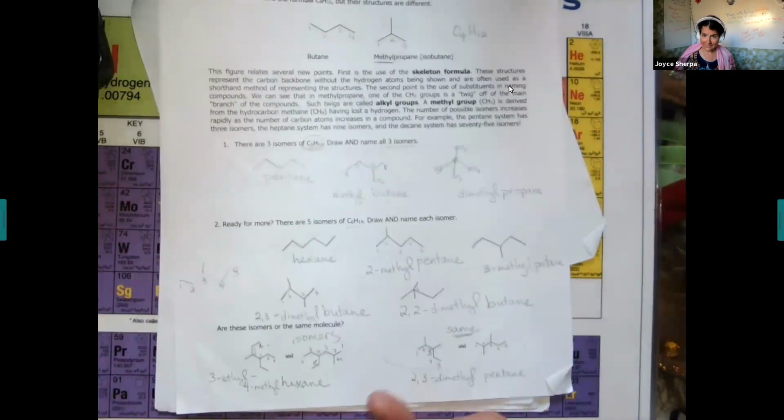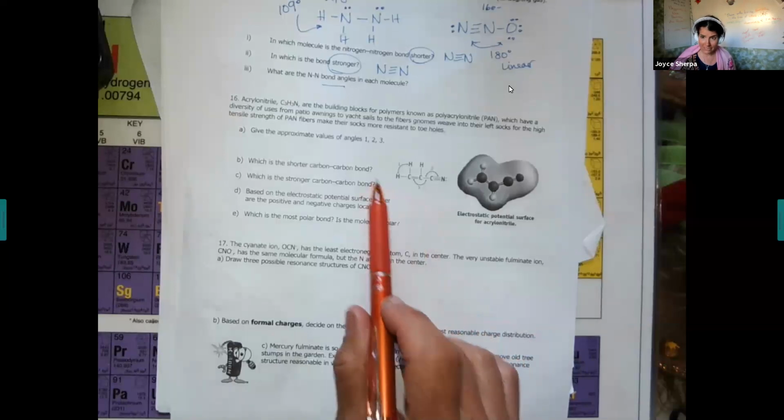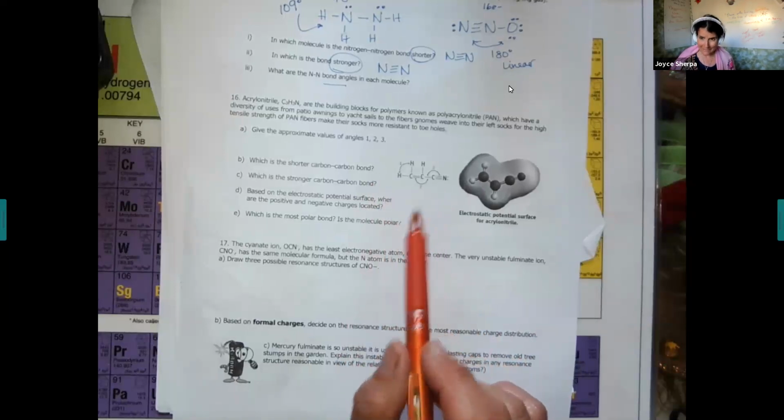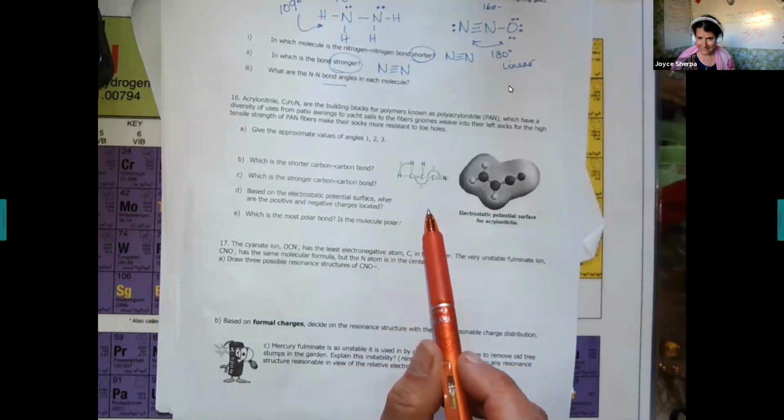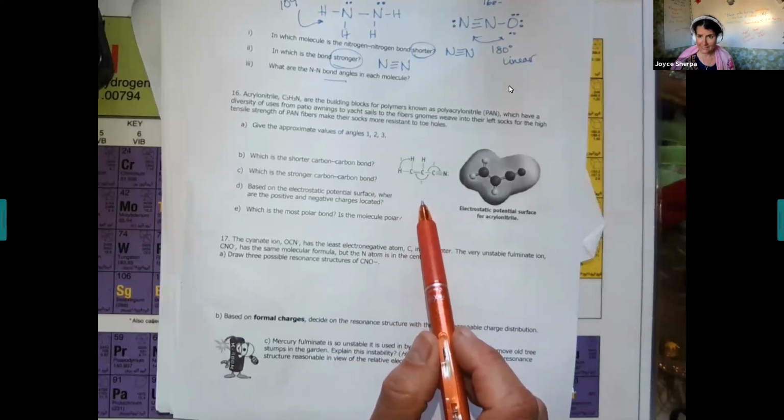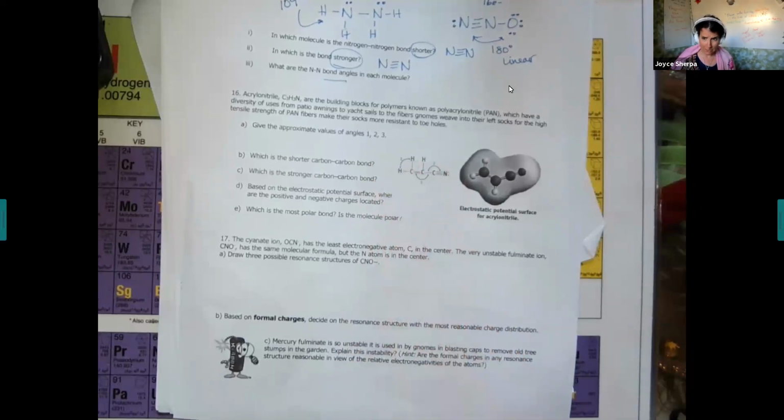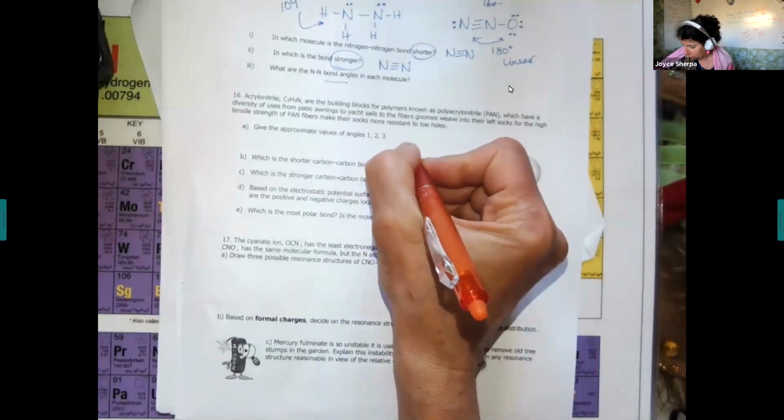It makes a difference that by next Tuesday when you come in, you should look at these pictures. Even by this Thursday, the study set for Thursday is a lot of these where we look at these pictures and you tell me bond angles. We're going to add a dimension to it today. All right, so bond angle, so 1 is 120 degrees.